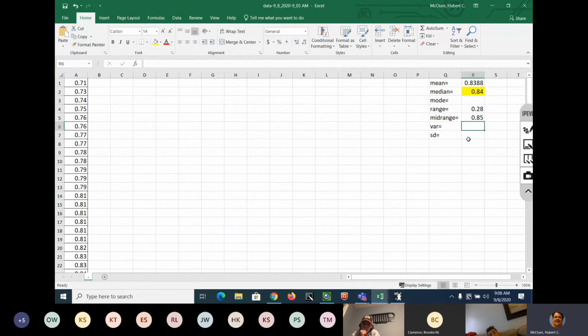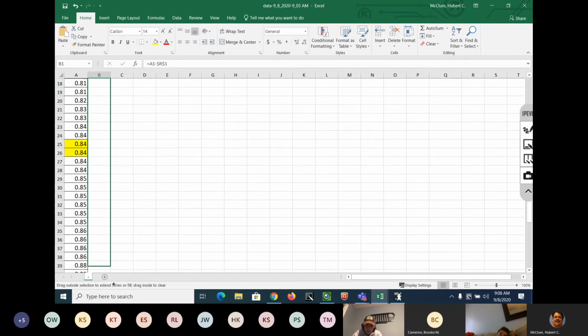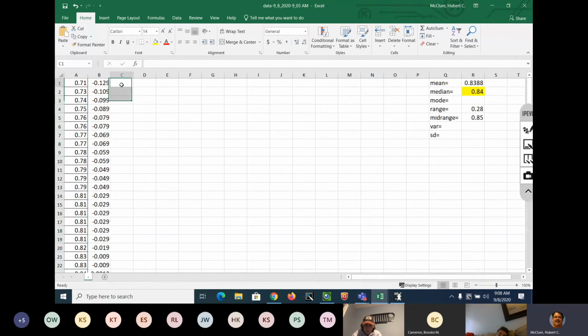Now, I'm not going to go back to the formula, but the formula says x minus x bar, so I'm going to subtract x bar from each one of these, function F4, and I'm going to copy that down. And then I'm going to square it. Equals that number raised to the second power.